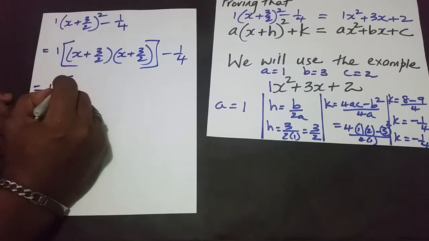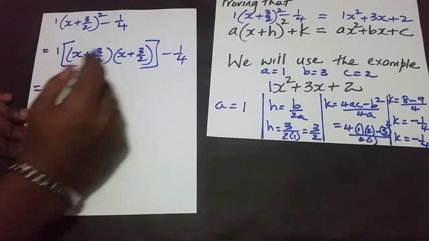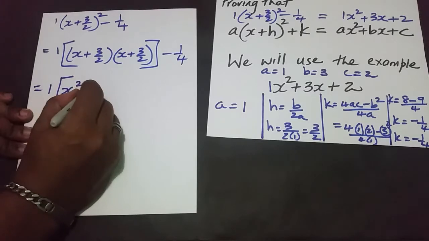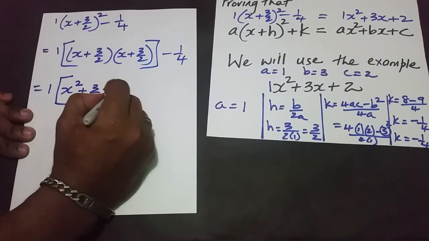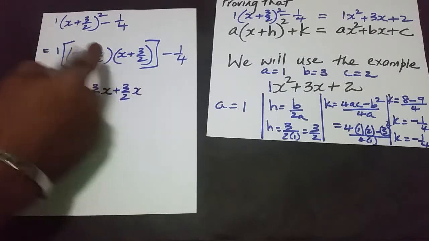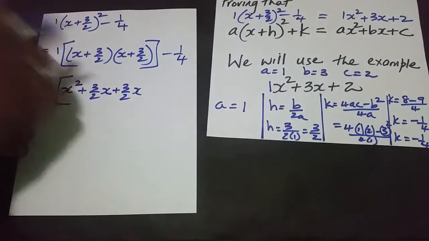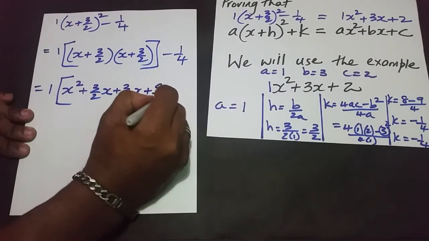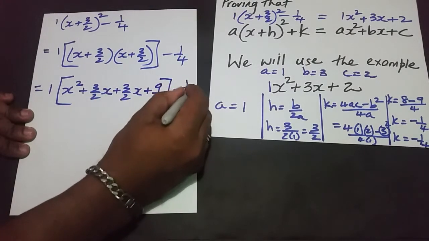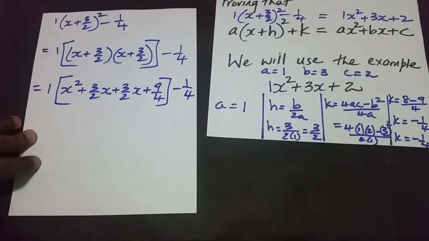So x times x is x squared. x times positive 3 over 2 is positive 3 over 2x. Positive 3 over 2 times x is positive 3 over 2x. And 3 over 2 times 3 over 2 is positive 9 over 4. And then I'm going to put back the minus a quarter there.